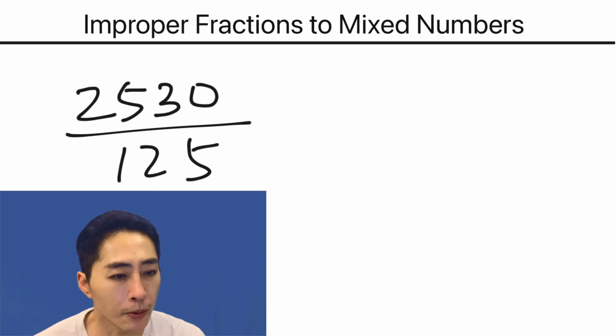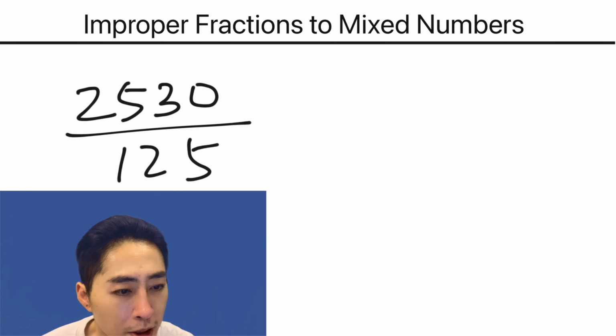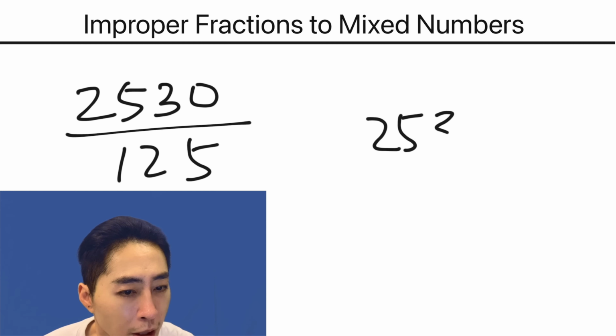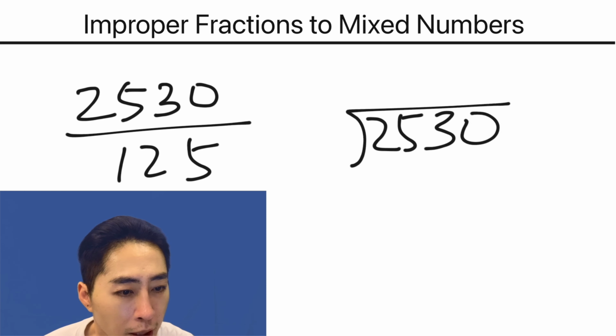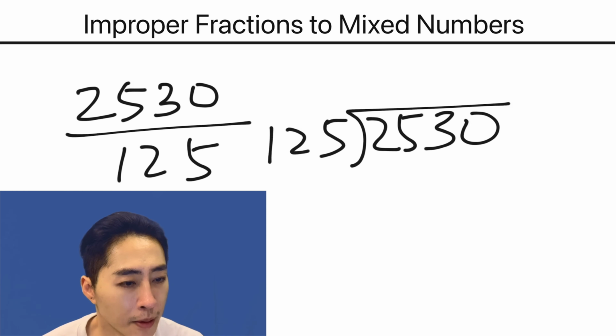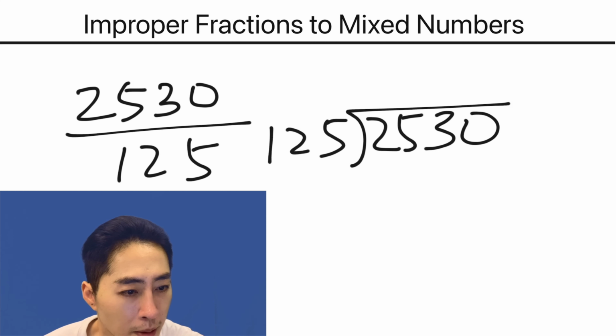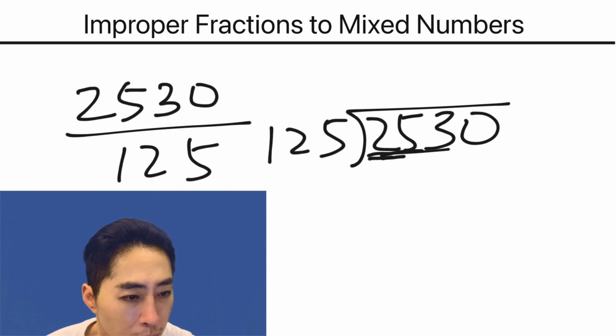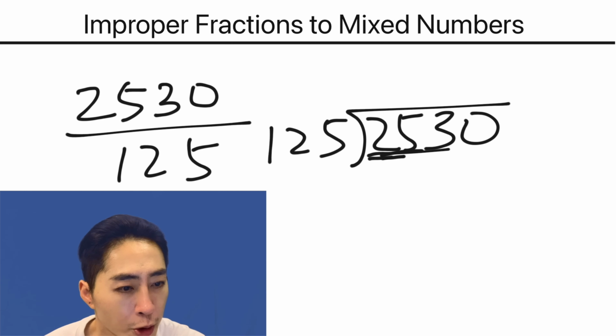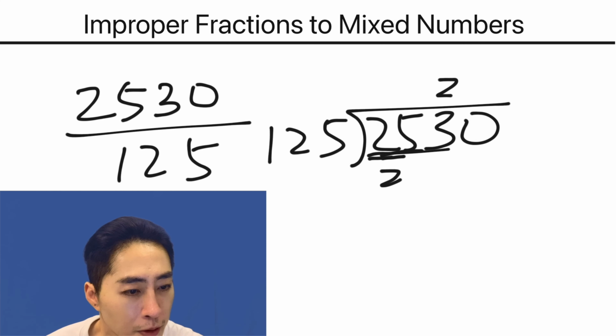Okay, so hopefully you first divide 2,530 by 125. And you see that these numbers are too small, so we have to divide 253 by 125, which would be 2, as 125 times 2 is 250.